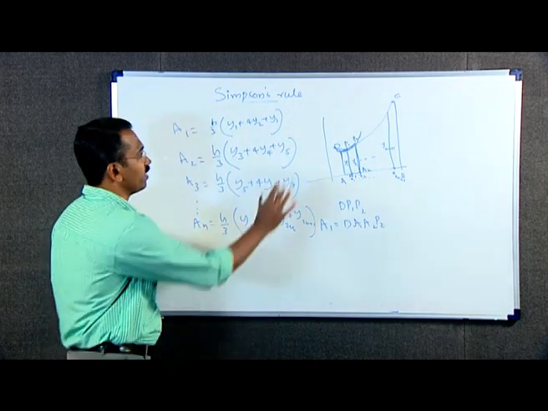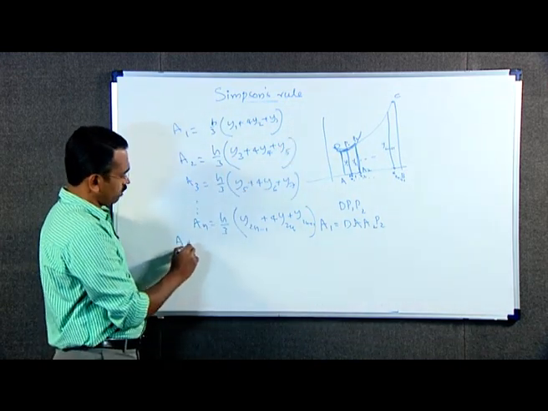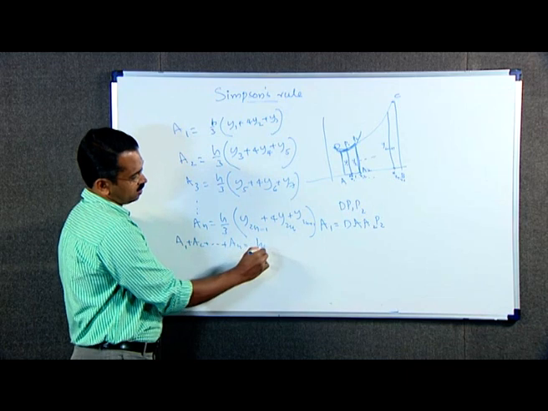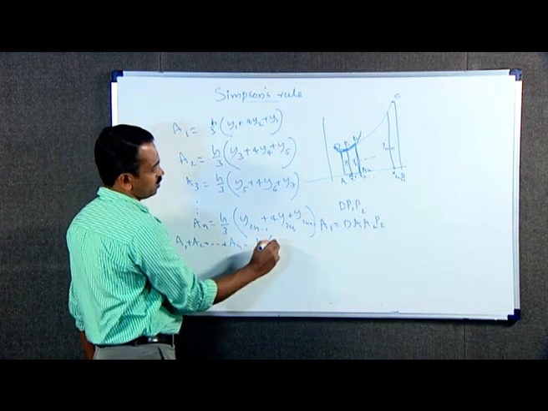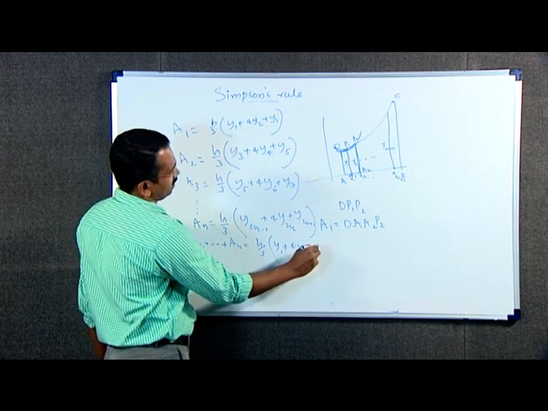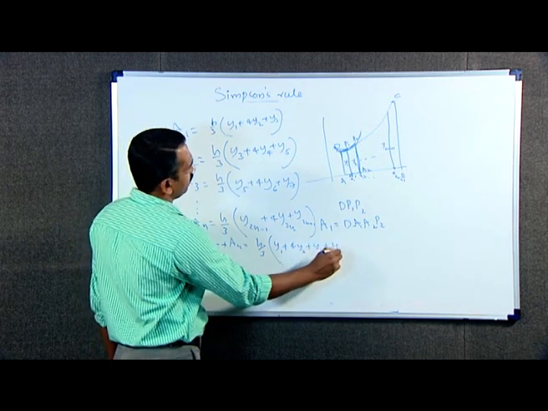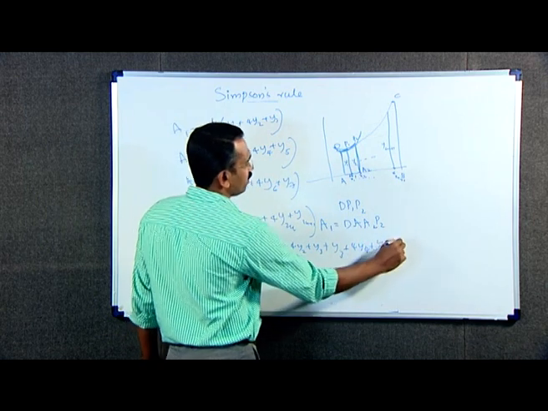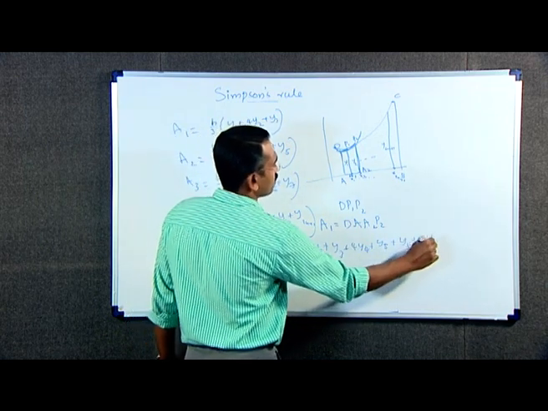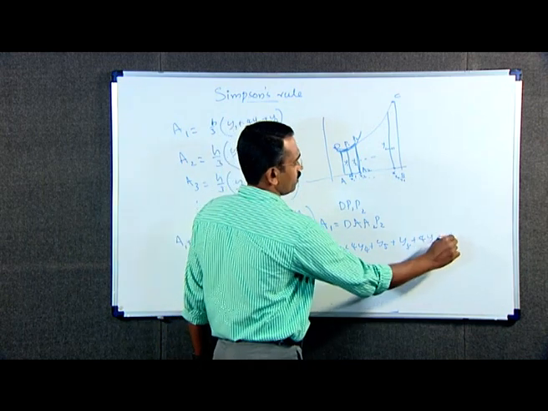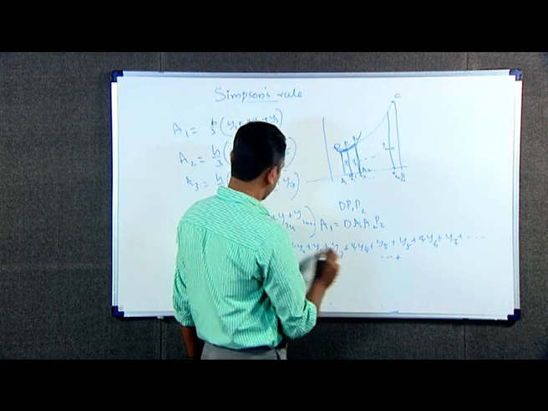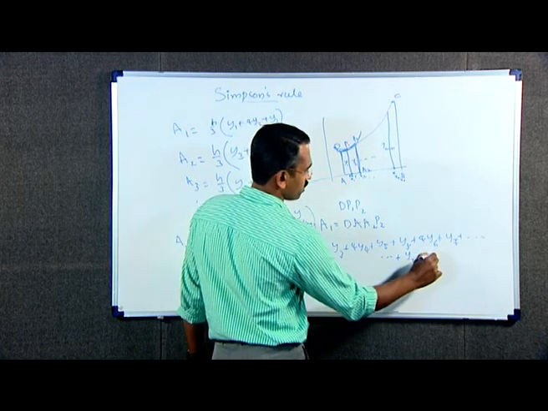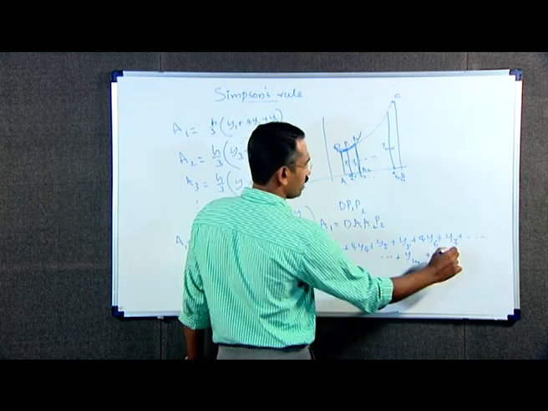Hence, the total area under the curve is A1 plus A2 plus etc. plus An is equal to h by 3 into y1 plus 4 y2 plus y3 plus y3 plus 4 y4 plus y5 plus y5 plus 4 y6 plus y7 plus etc. plus the last, y2n minus 1 plus 4 times y2n plus y2n plus 1.